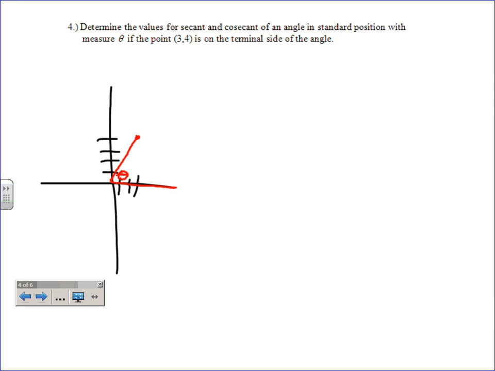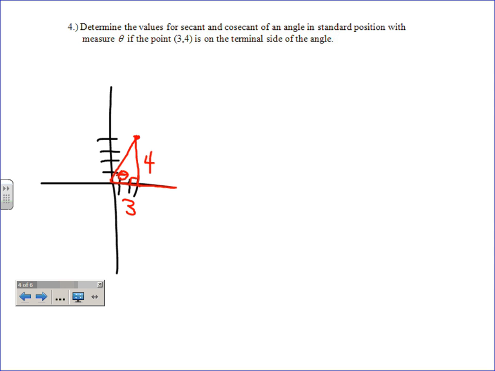What rule did I give you to help you on these pictures? Always connect to the x-axis. So if you're right here, you connect straight to the x-axis. You now know 2 of the 3 sides of your triangle. We know that the bottom is 3 because we went over 3. We know the right side is 4 because we went up 4.